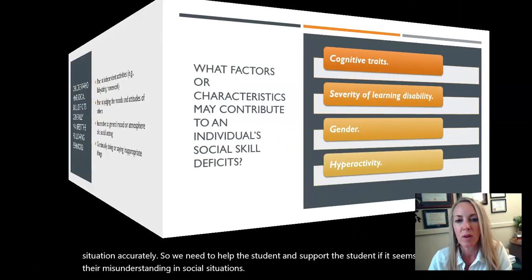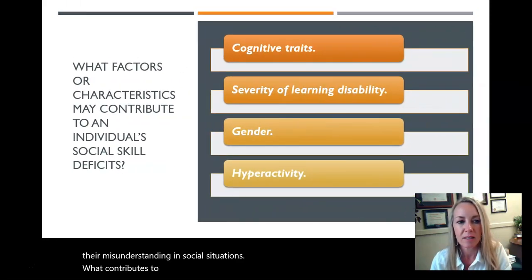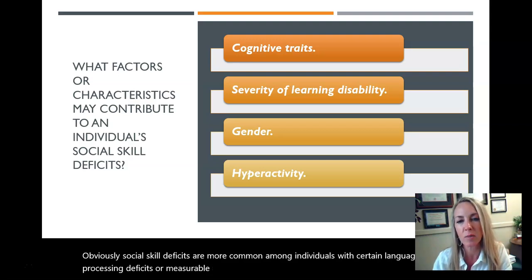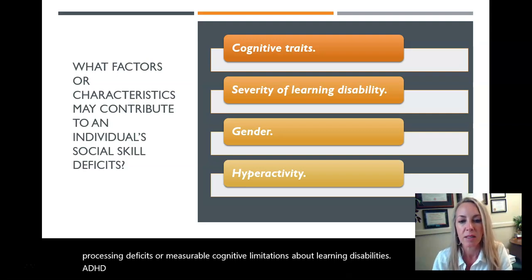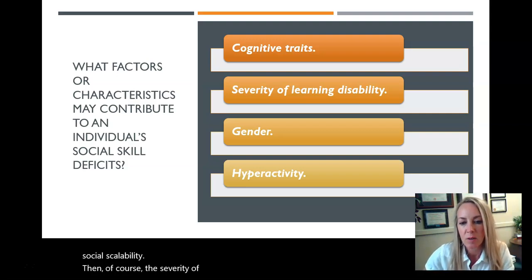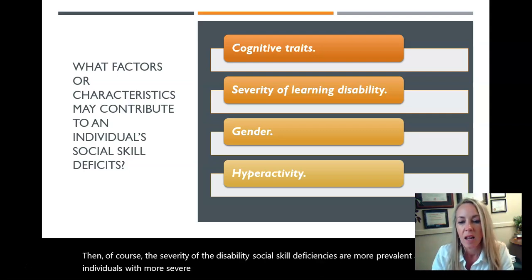So what contributes to individuals' social skill deficits? Cognitive traits. Obviously, social skill deficits are more common among individuals with certain language processing deficits or measurable cognitive limitations. So both learning disabilities, ADHD, or intellectual disabilities. The language processing and the cognitive factors will play into social skill ability. And then, of course, the severity of the disability. Social skill deficiencies are more prevalent among individuals with more severe and complex learning disorders.